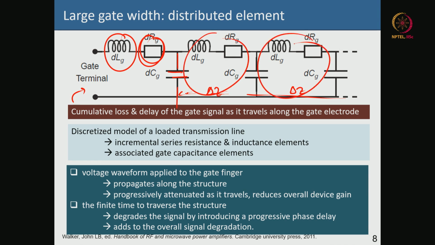However, you can see that because of this incremental inductance, capacitance, resistance, what happens is that as the gate signal is propagating, it is progressively getting attenuated. Attenuated as in its intensity, strength is decreasing, because you have the resistive drop, you have the inductance, you have the capacitance. So, the waveform progressively attenuates as it travels along the gate.